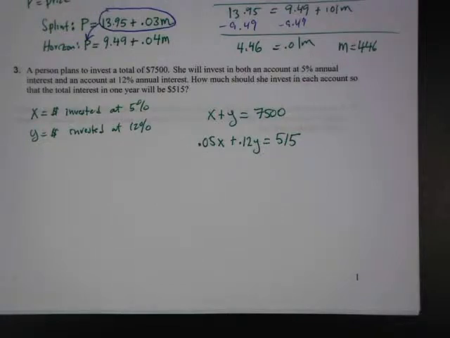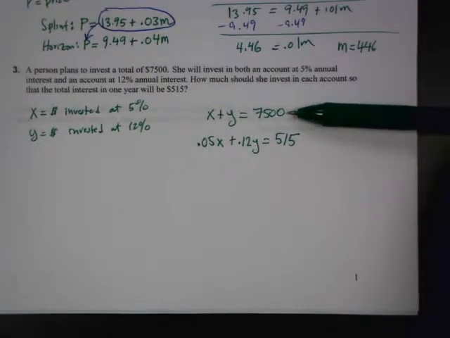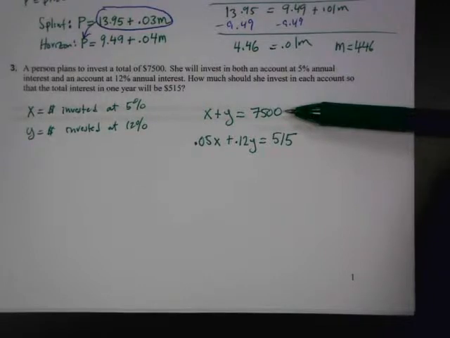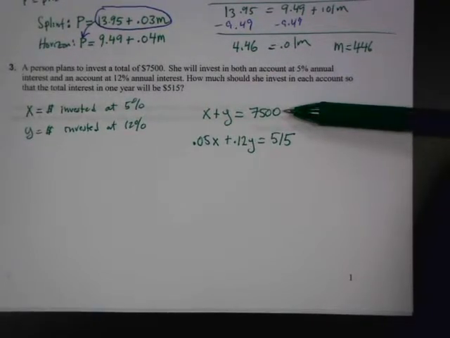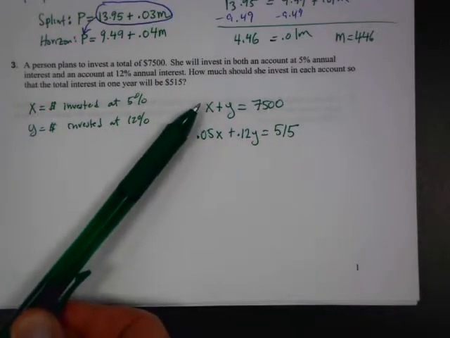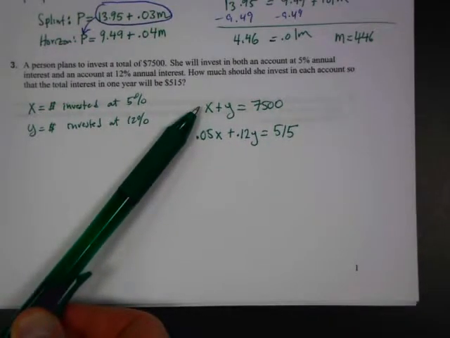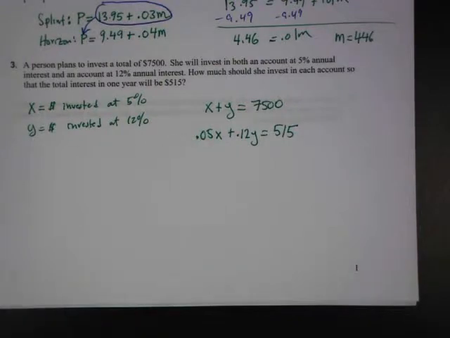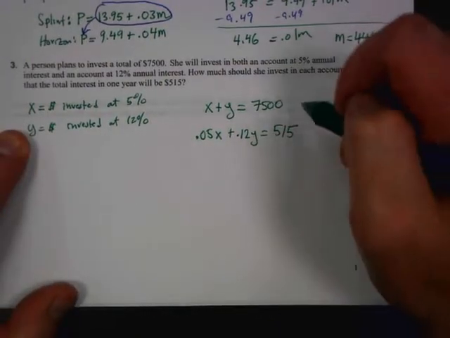Looking at this first equation, can I get x all by itself or y all by itself pretty easy? Sure you can. Could I eliminate the x's? If I wanted to do elimination, sure. I could multiply this top one by negative 0.05 and then add. I think either method would work really well here. Personally, I'm going to use substitution.